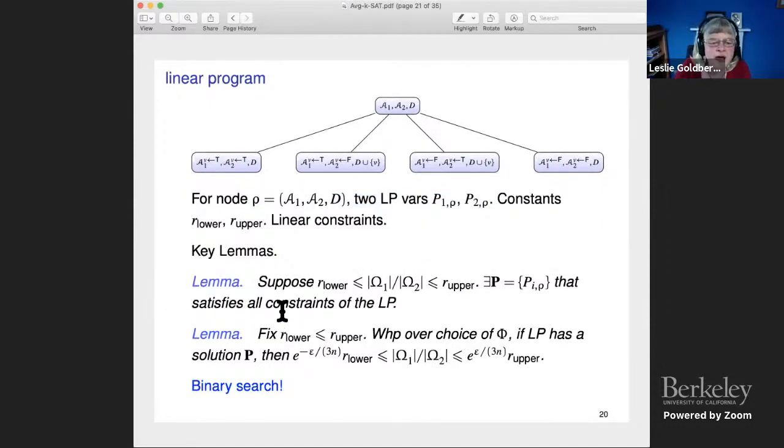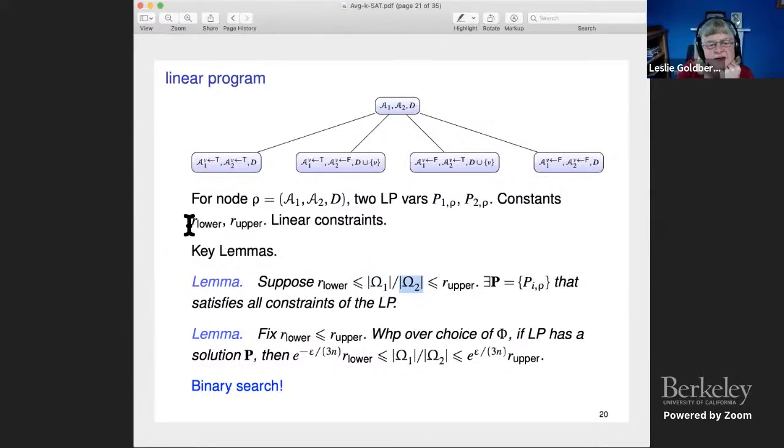And what happens is two things. There are two key lemmas in Moitra's work, which are still going to be true for us. Remember, we're trying to learn the number of satisfying assignments in which v is true, divided by the number of satisfying assignments in which it's false.